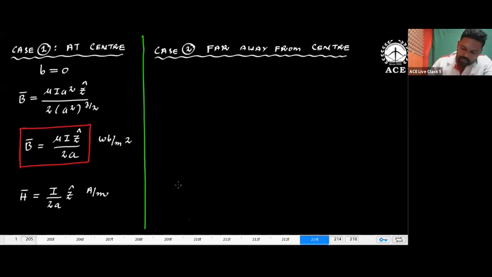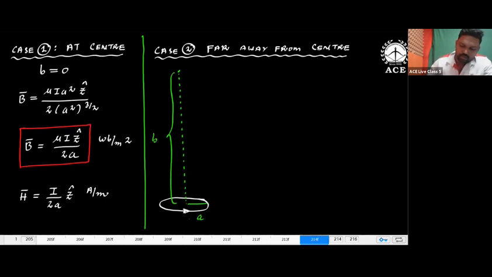Far away from the center means it is like this. This is the radius A. From here to here, the distance is B. So here B is far greater than A, beta.